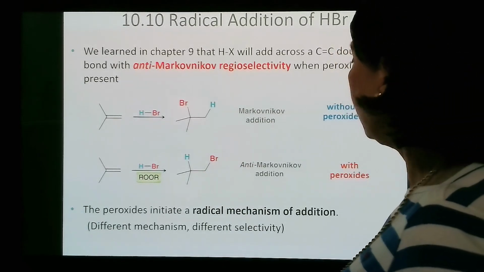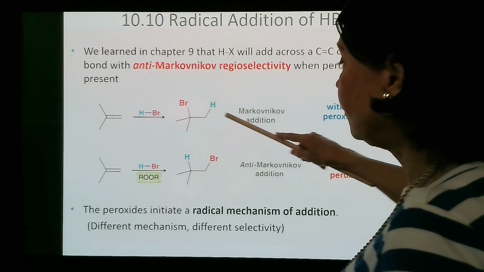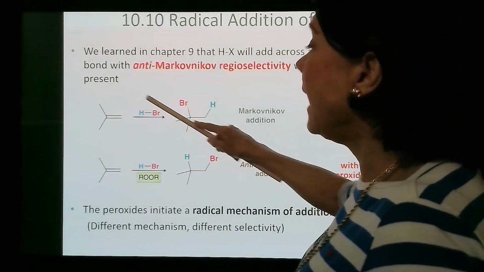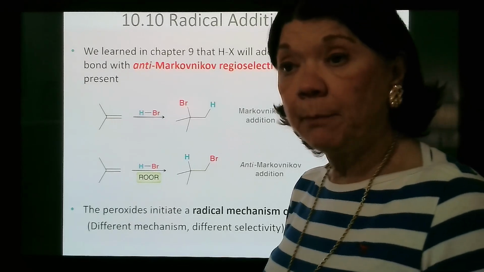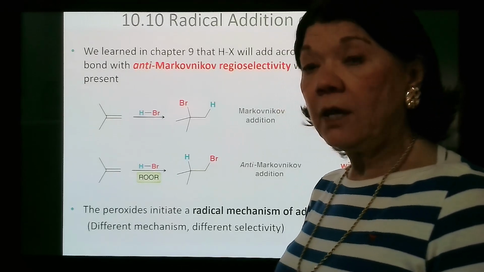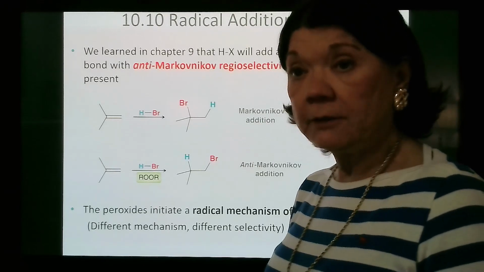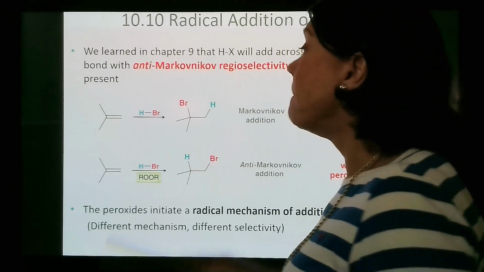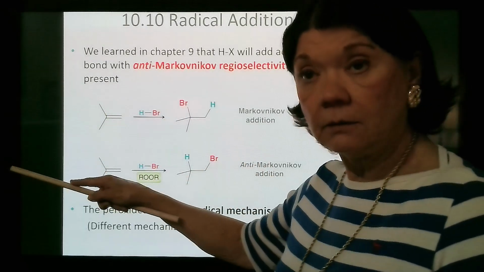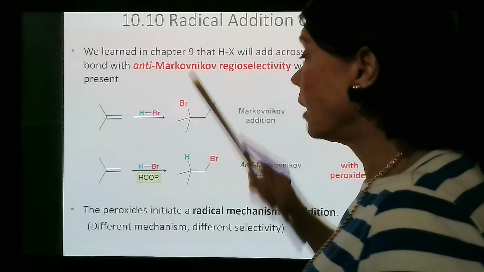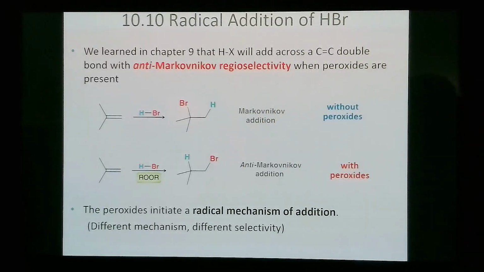So the regiochemistry of this Markovnikov addition is determined when H+ adds to the double bond. That's the step that determines the regiochemistry, because the Br-, the bromide, must go to the other carbon. So it's the H+ adding that determines the regiochemistry.